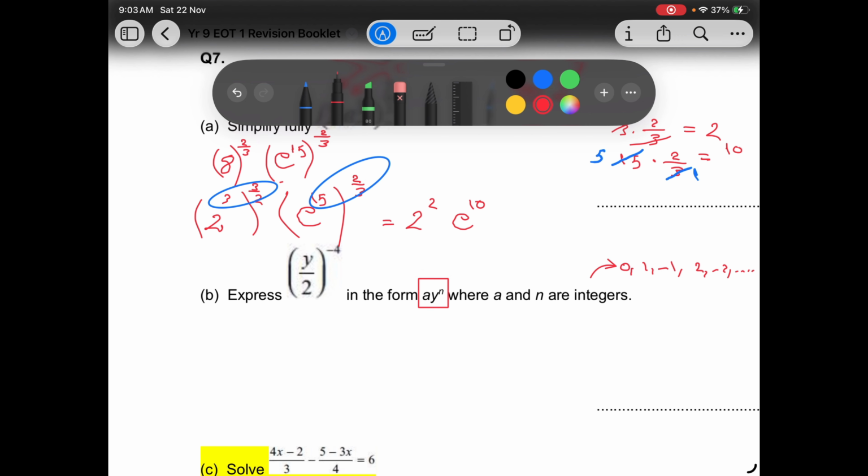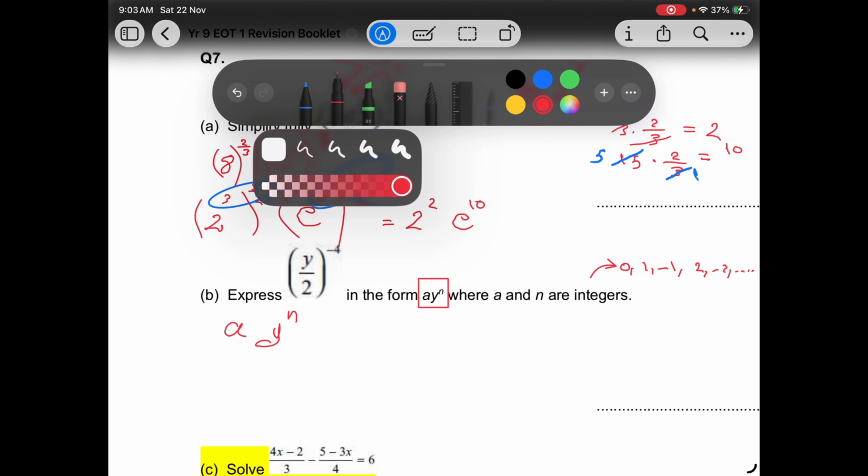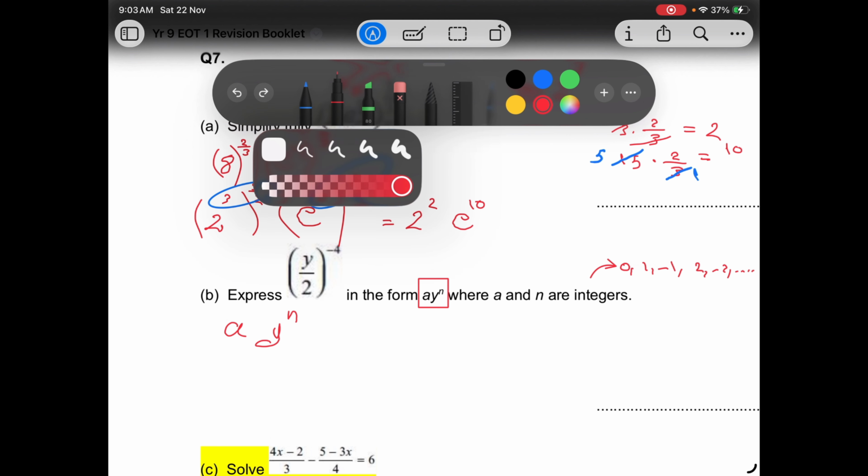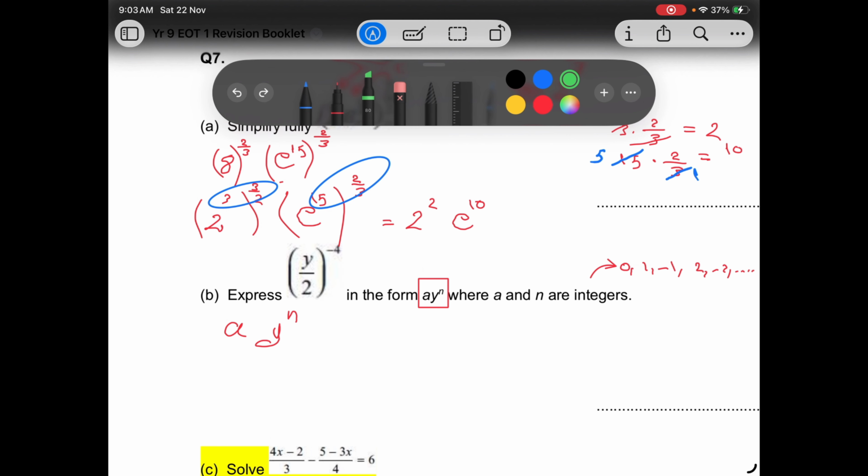And the meaning of that, remember that I am following this a y to the power n. So the meaning of this, guys, is that both a and n must be elements that belong to this set, or out of this set.